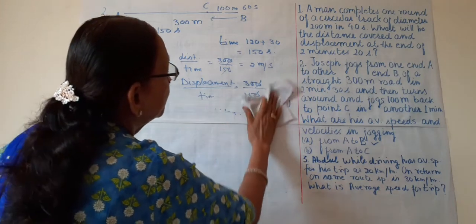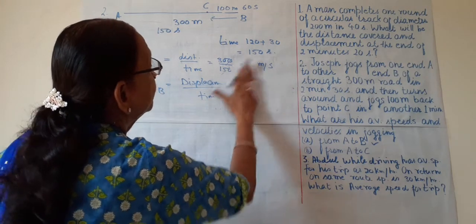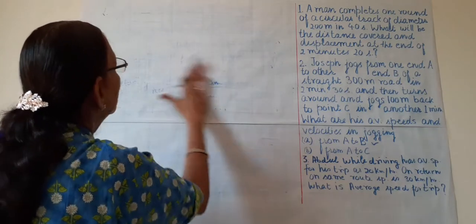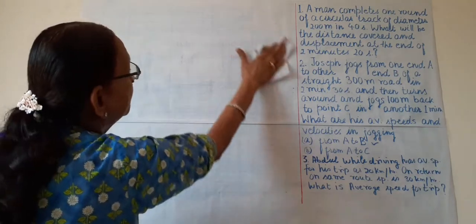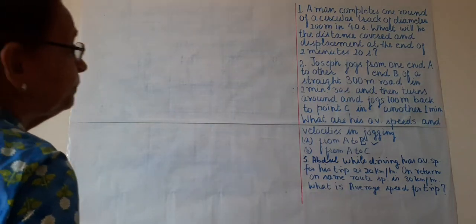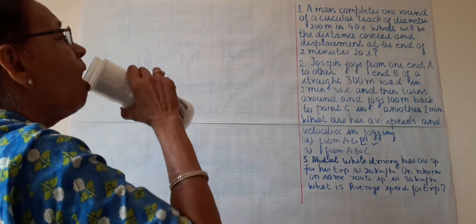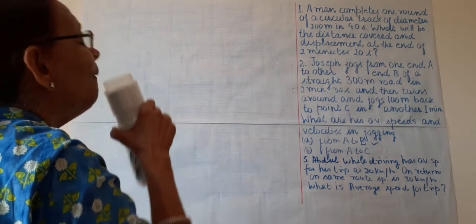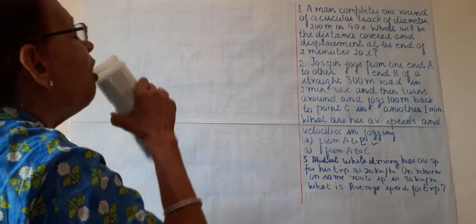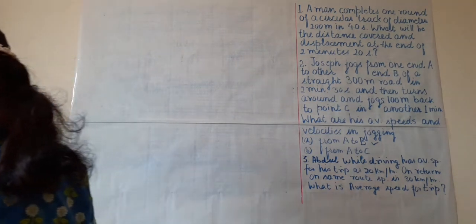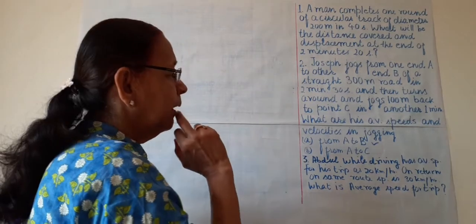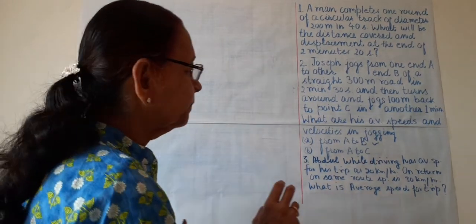Now we will come to the third one. What is the third question? Read it out. The third is: Abdul was driving a car, suppose.